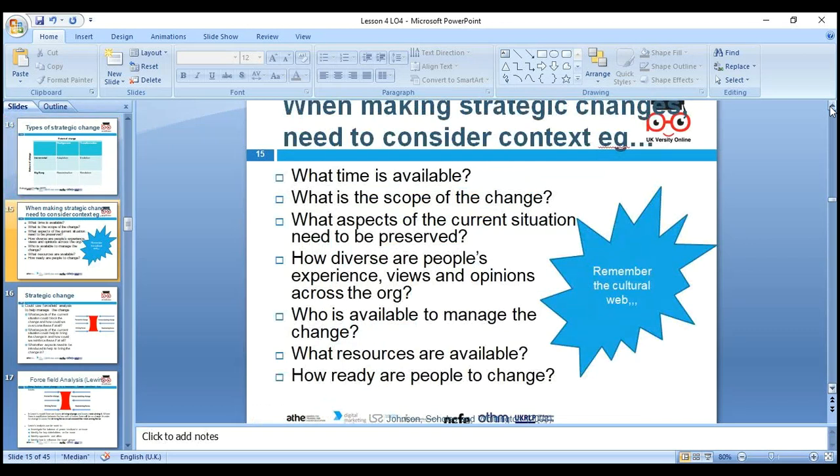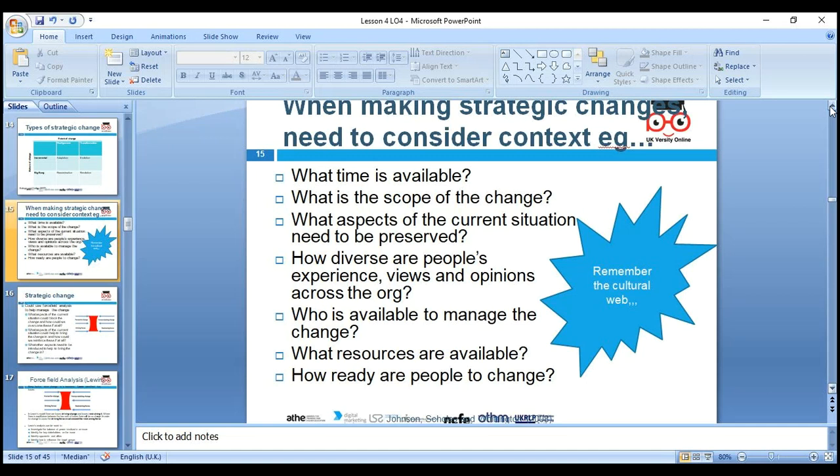When making strategic change, we need to consider what time is available, what the scope of the change is, and what aspects of the current situation need to be observed or changed. We need to consider how diverse people's experience, views and opinions are across the organization.